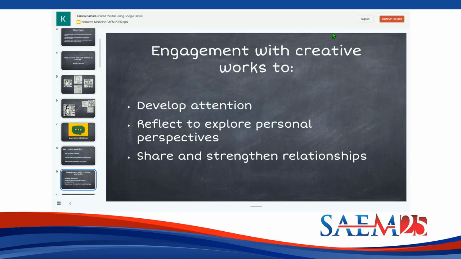And through this, narrative medicine helps to develop attention, it helps you develop reflective skills, it helps you explore a diversity of perspectives, and it helps you share and strengthen relationships with your colleagues, with consultants, with the patient's family, nurses, the whole care team.